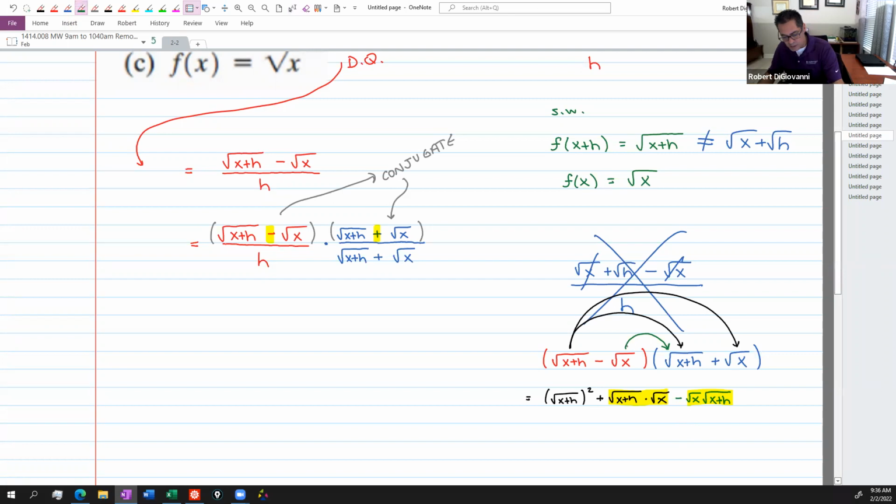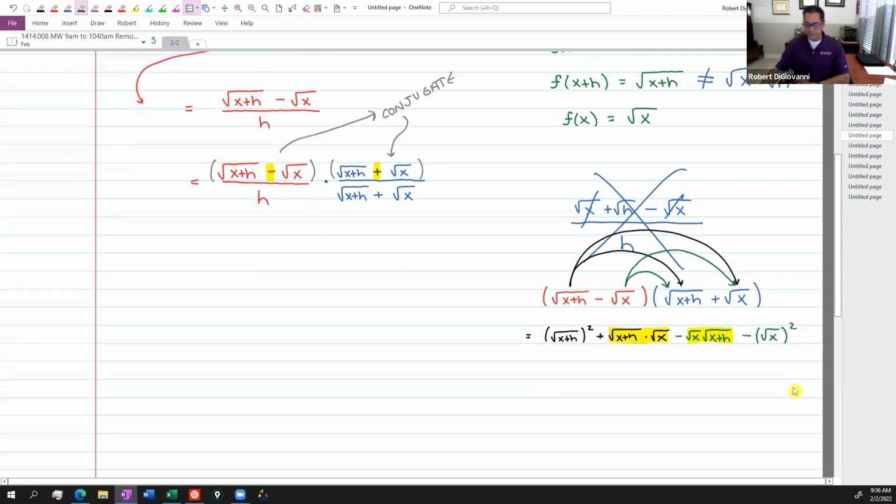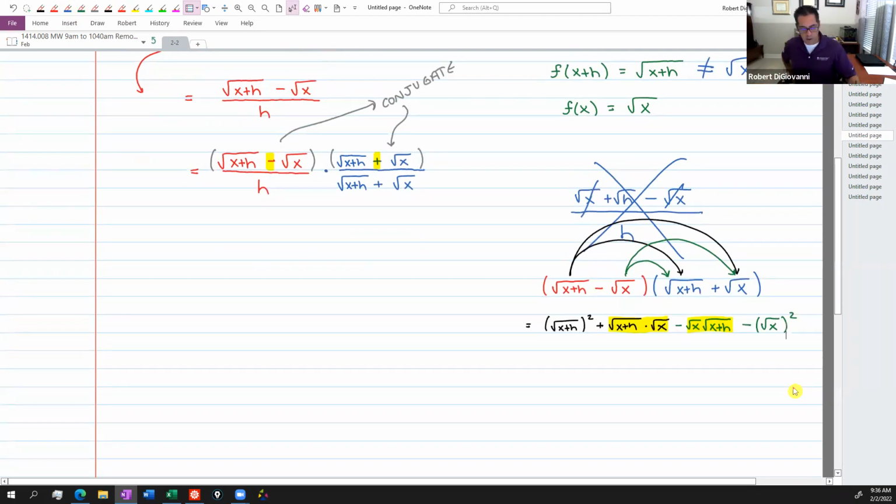I need to do the last multiplication. I do this one times this one. So I have a negative times a positive, which gives me negative. And then I'm doing root x times root x, which is root x squared. And so the middle terms are gone. We said the first term, when you square the square root, goes away, and you get x plus h.